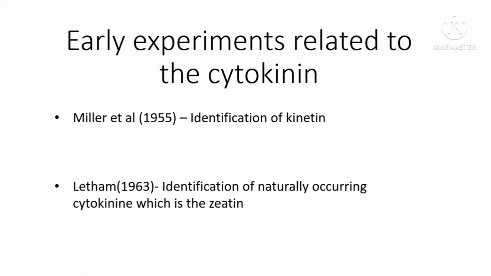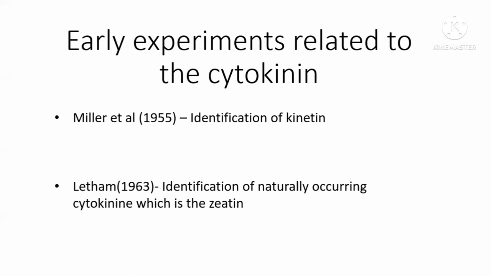In those days, there were many experiments in relation to tissue culture, which was just coming into the picture. In tissue culture, we take a piece of leaf and multiply plants using that particular plant tissue or plant part.